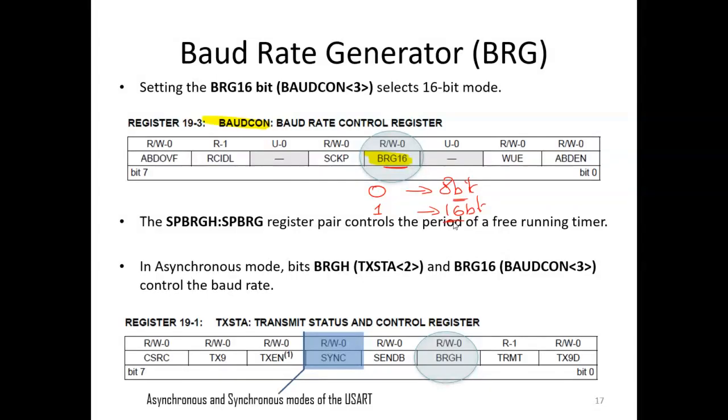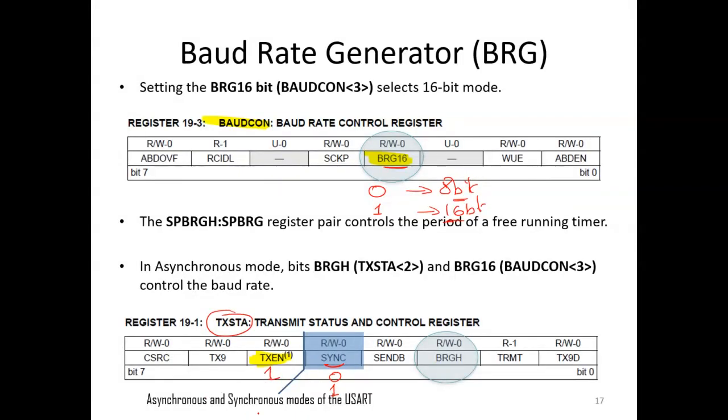Okay. Now let's see the TX status register. The TX status here has three main bits. The first one is TX enable. If you want to send something, this bit should be 1. Here you have the synchronous bit. If you have 0, it means asynchronous mode.